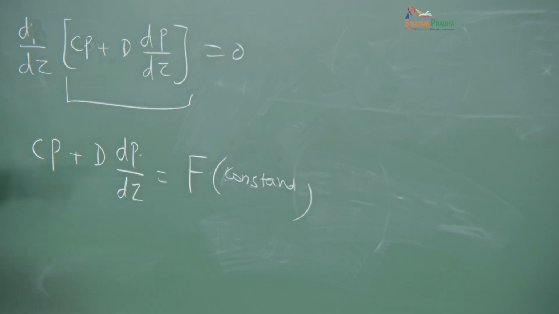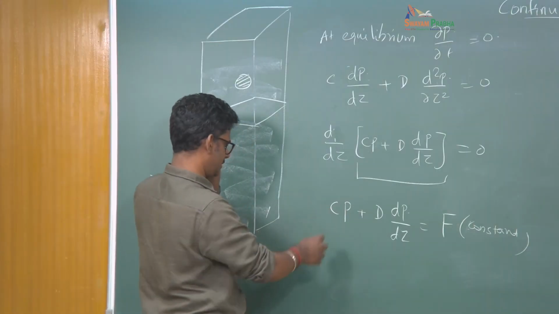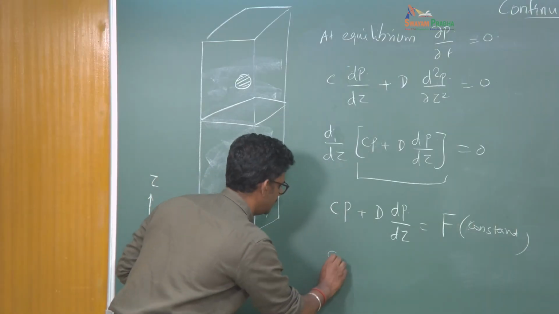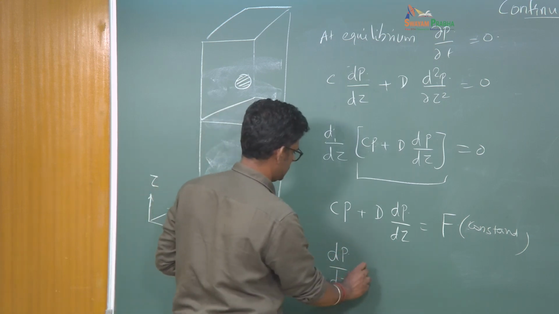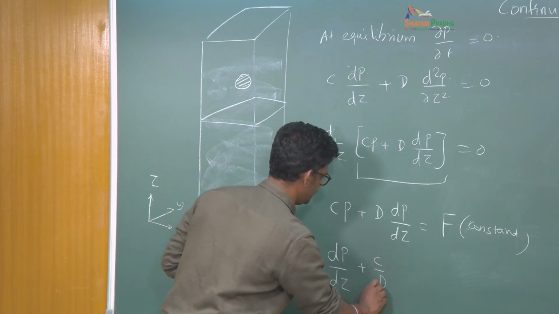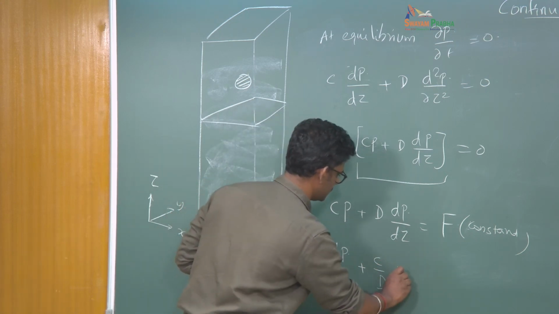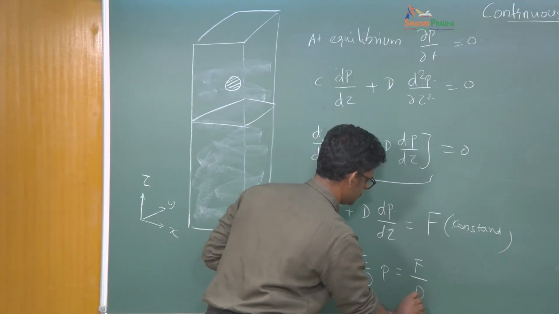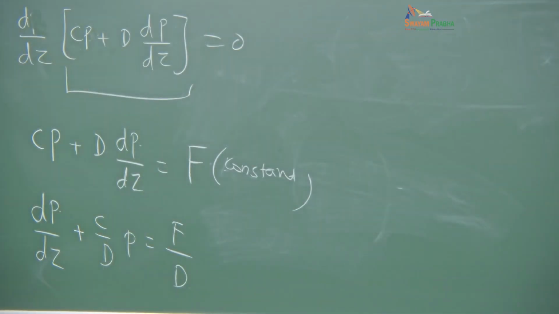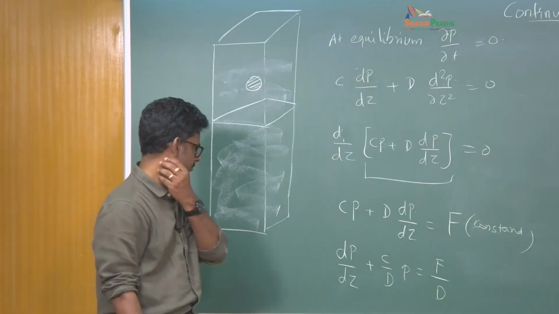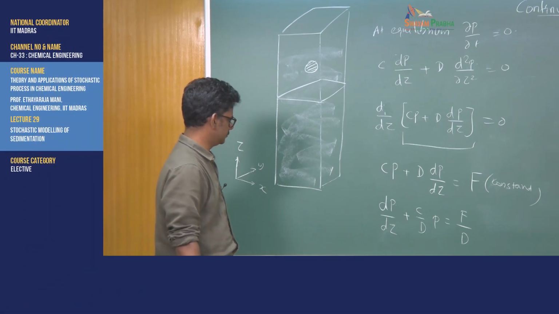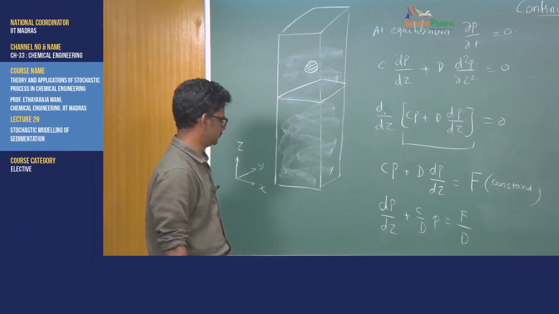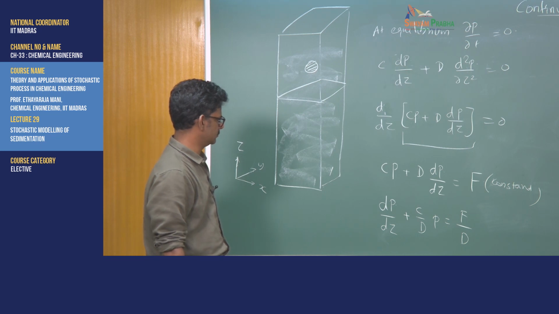So with this, we can solve this. So we get dP/dz plus C/D P equals F/D.